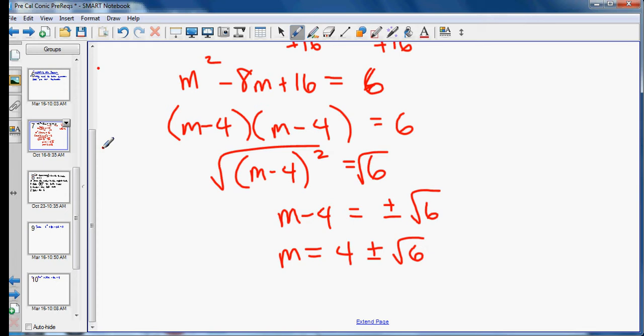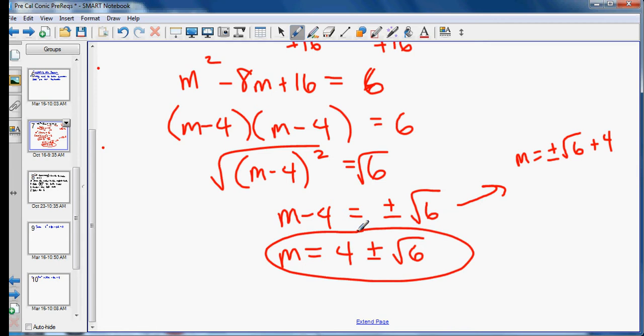One other note I want to make when you're doing this last step: if you were to here add 4 to both sides and write it this way, that is still mathematically completely correct. But mathematicians, for whatever reason, just almost never write it that way. They almost always write it the way I'm circling. They put the plus or minus in the middle.